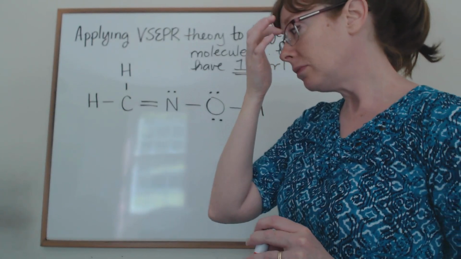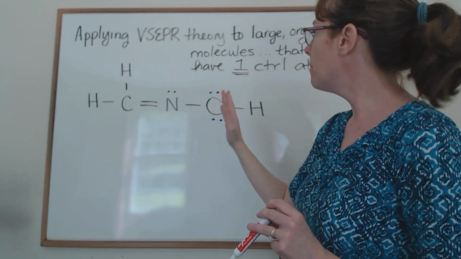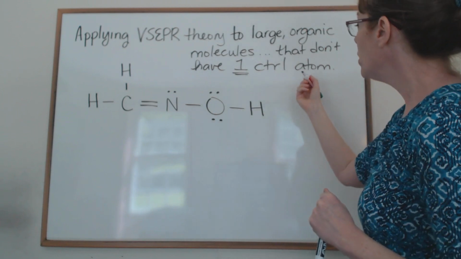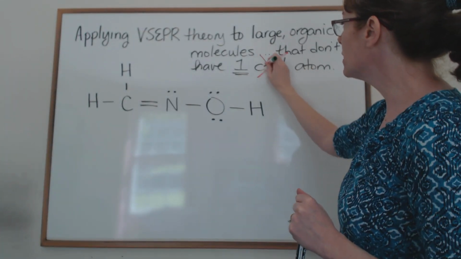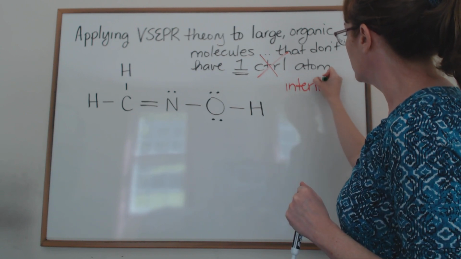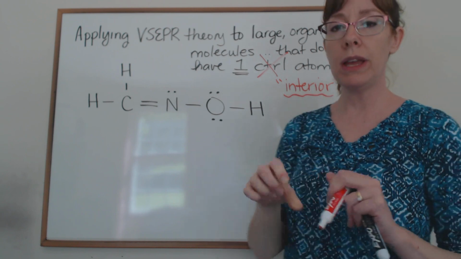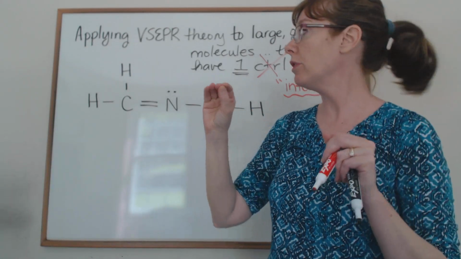When you have a larger molecule where there's not just one central atom, you want to replace the word central with interior. Any interior atom, where you're not a terminal atom.